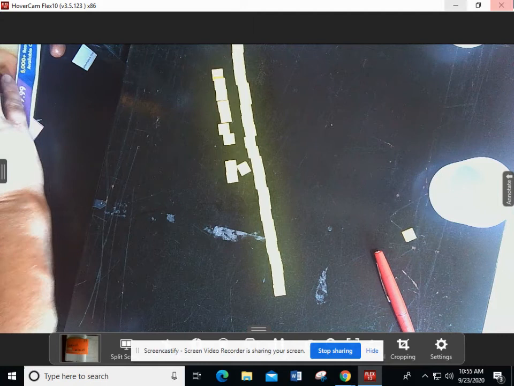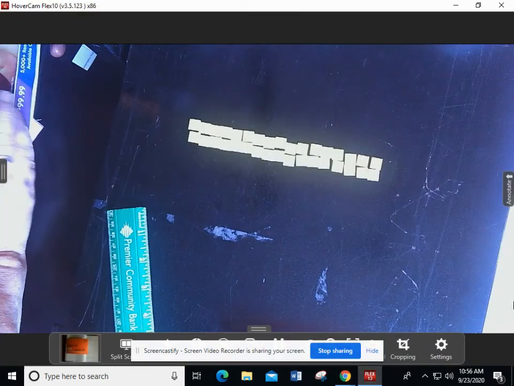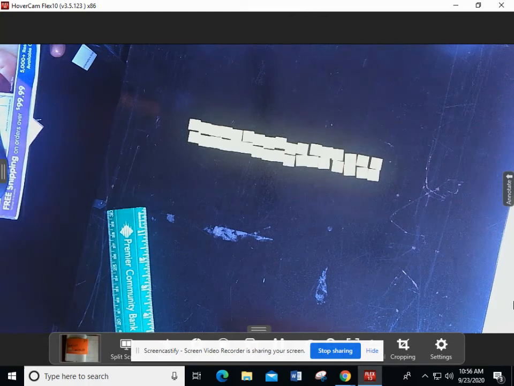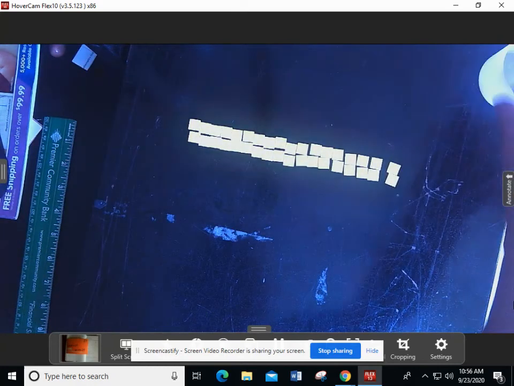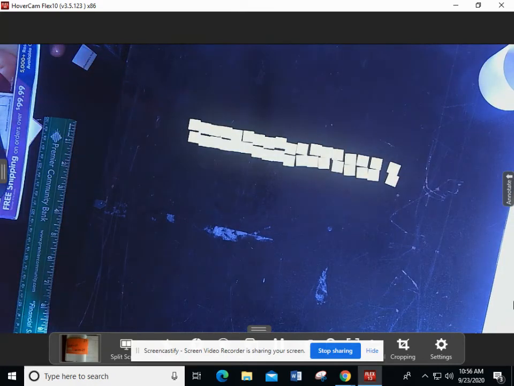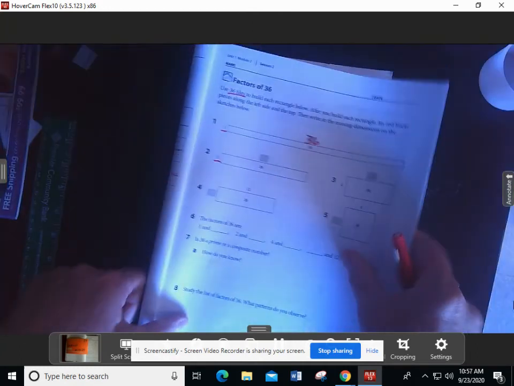So I'm going to pause this while we work on it. Okay, we took some time to arrange ours into rows of two. There is mine arranged into rows of two. And how many are in each of the rows? You can count them. David, 18.